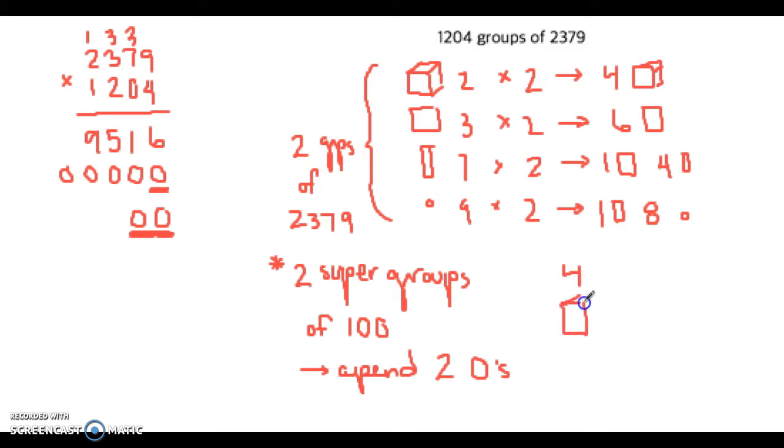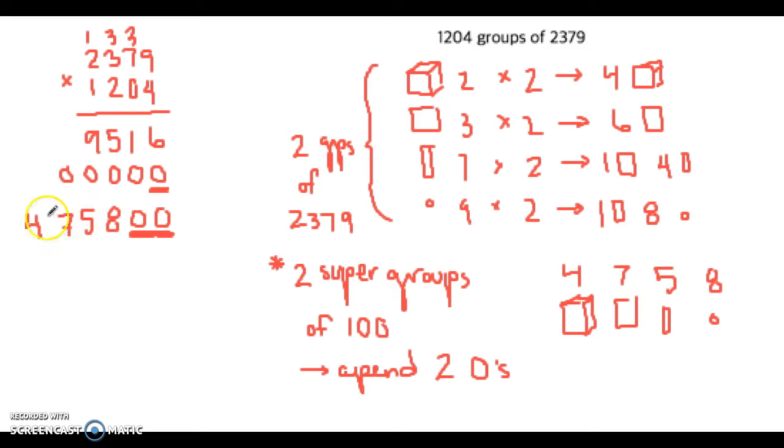We get 7 flats, 5 rods, and 8 singles. And over here, we drop down our 8, over 5, this is 7, and this is 4.